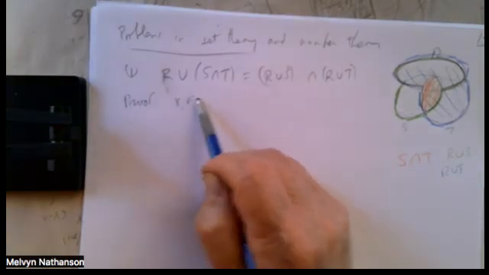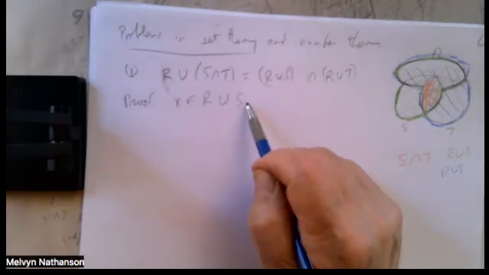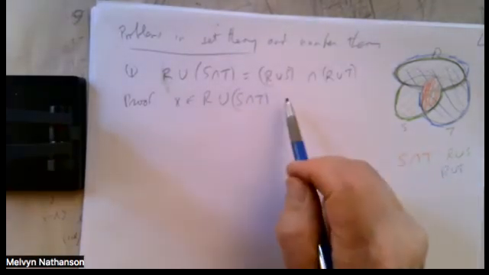So suppose X is in R union (S intersect T).